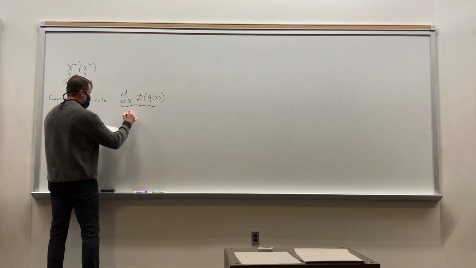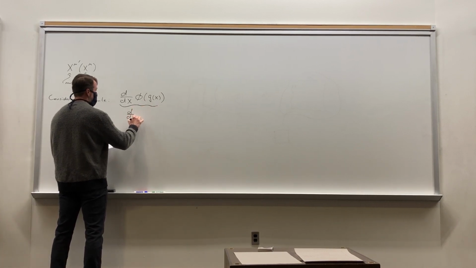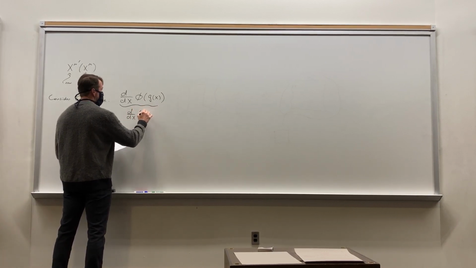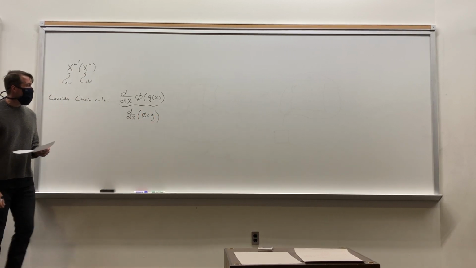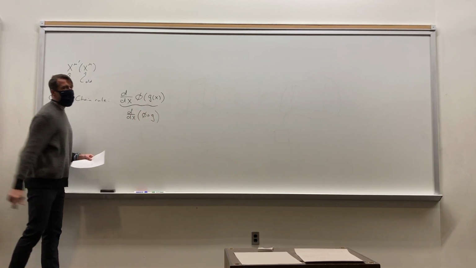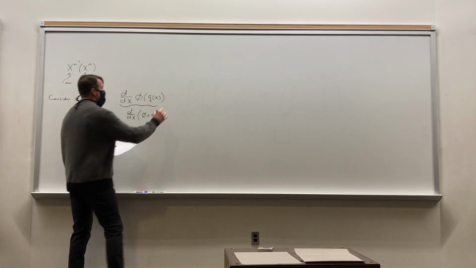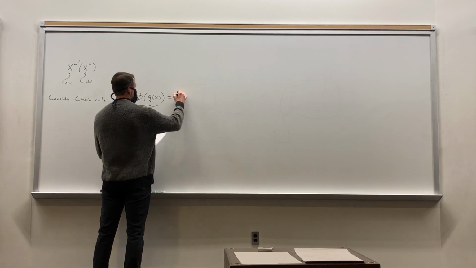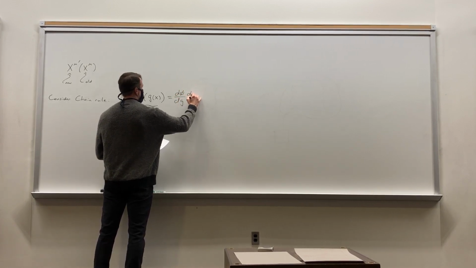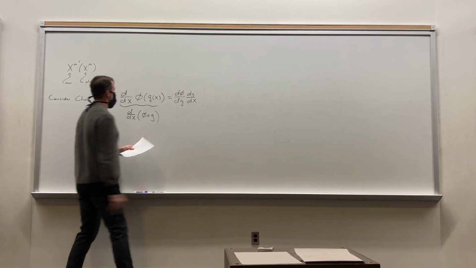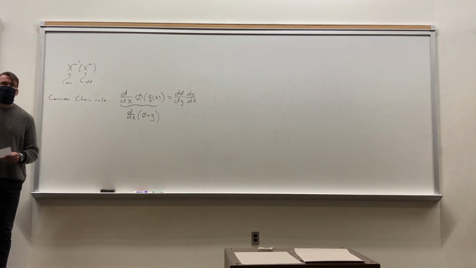Another way to notate this is d by dx of the map phi composed with g, okay? These just mean the same thing. Then the chain rule says that in order to do this, we just say this is d phi dg times dg dx, okay?